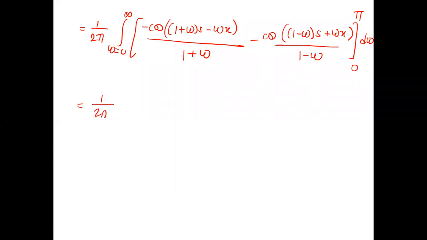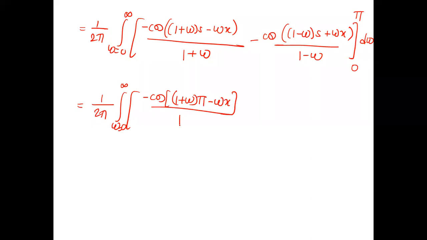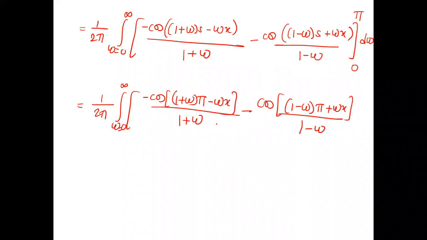So 1 upon 2 pi, this is as it is, 0 to infinity. For the upper limit you write pi: minus cos of 1 plus omega pi minus omega x upon 1 plus omega, minus cos of 1 minus omega pi plus omega x upon 1 minus omega. Upper limit is done.